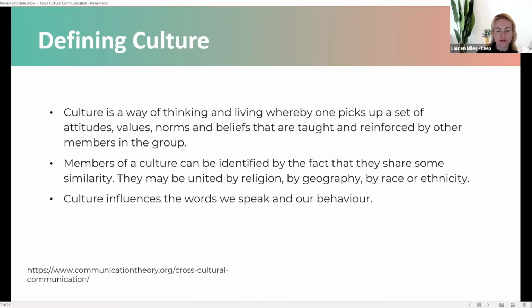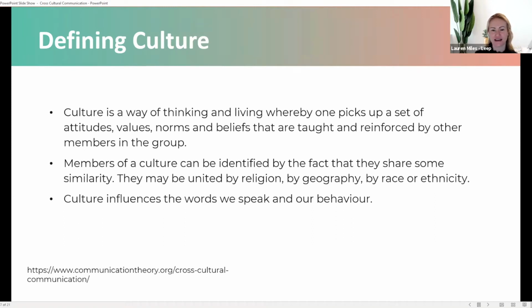So I'm going to move on to defining culture, and there's lots of research and lots of great resources on this, but I'm not going to get too academic on everyone because we want it to be practical. I won't go into too much depth on theory, don't worry, but just starting off with a definition of culture, just to remind us. So culture is a way of thinking and living where we pick up a set of attitudes, values, and beliefs.